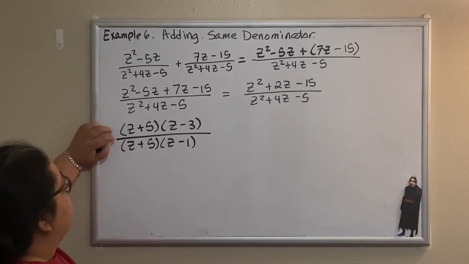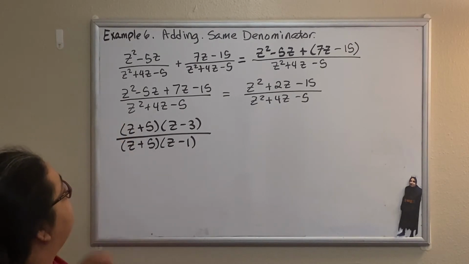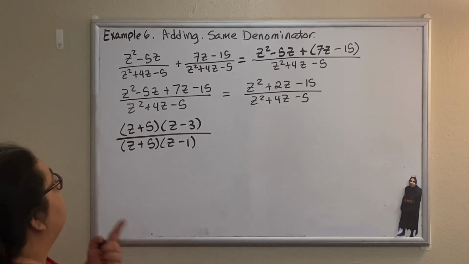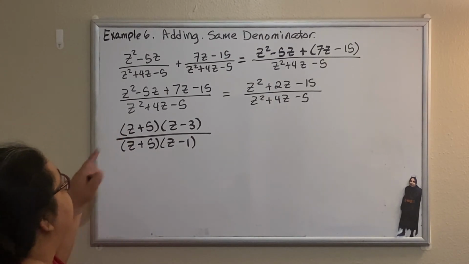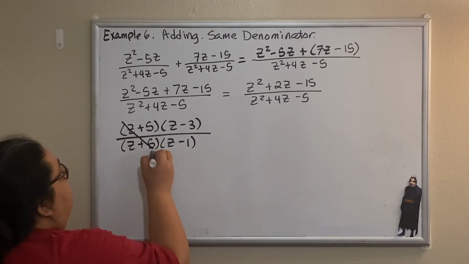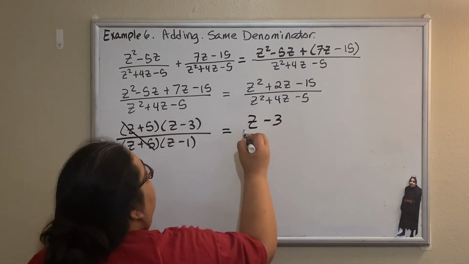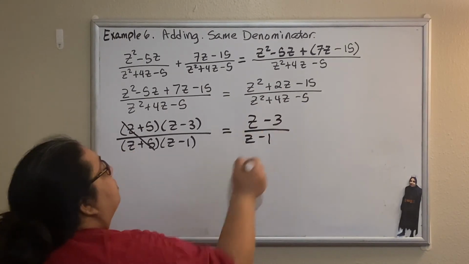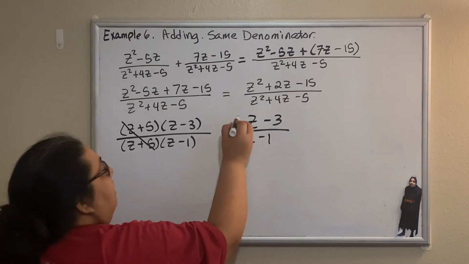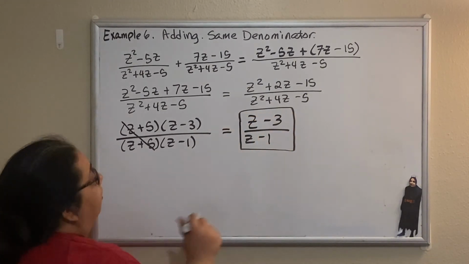Now, notice z plus 5 and z plus 5 is both in the numerator and denominator. If you recall from multiplying and dividing rational expressions, we reduce this. This would reduce completely, and we would be left with z minus 3 over z minus 1, and there's nothing to reduce here. So this is our sum or difference.